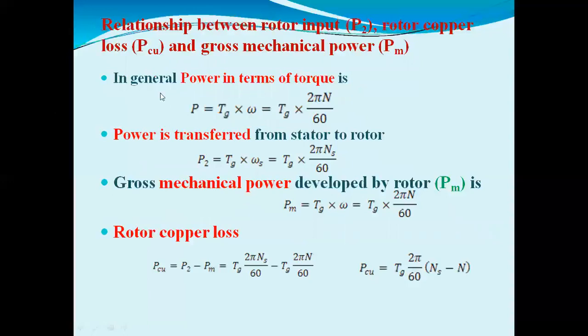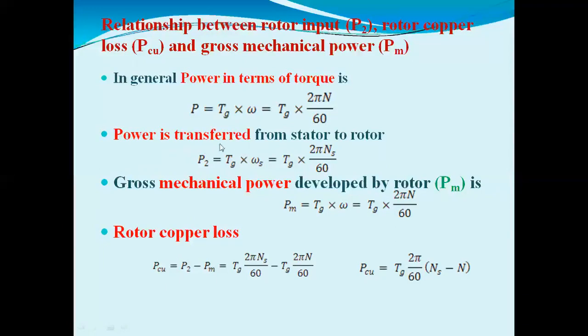Now the relationship between the rotor input, rotor copper loss, and gross mechanical power, that is P2, PCU, and PM. In general, the relationship between power and torque is P equals T into omega, where omega equals 2 pi N by 60, and N is the speed of the motor.